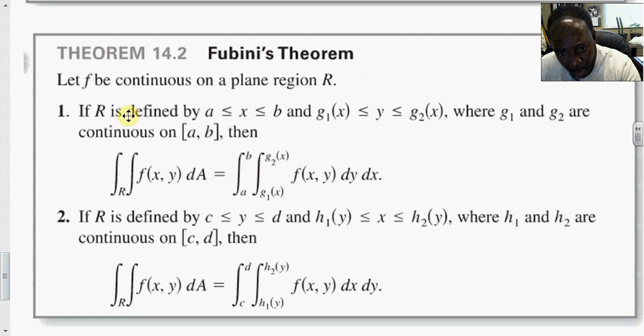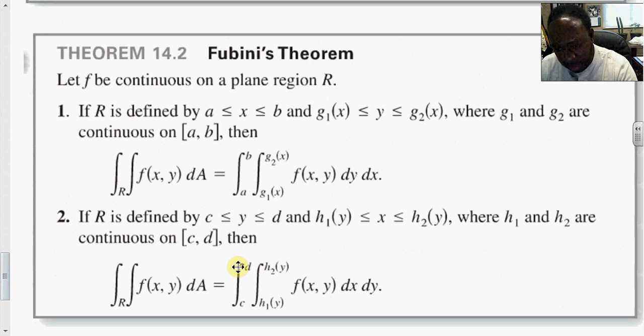So let's define R. R is defined, if it's vertically simple, x is bounded by a and b. We're on this interval from a to b, and y is bounded below and above by g sub 1 and g sub 2. g1 and g2, likewise with f, are continuous. Then we can write, according to Fubini's theorem, the double integral, now knowing the endpoints of integration, we can compute it.